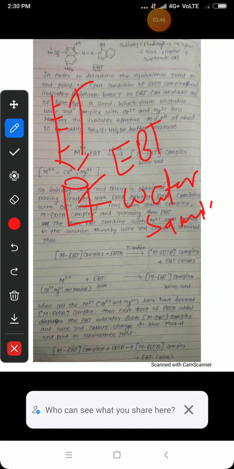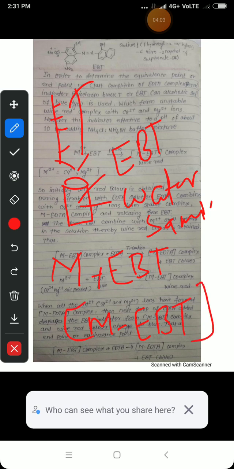When we add EBT, the color becomes wine red. That means the metal reacts with the Eriochrome Black T indicator and forms the metal EBT complex. The color of the solution is wine red.